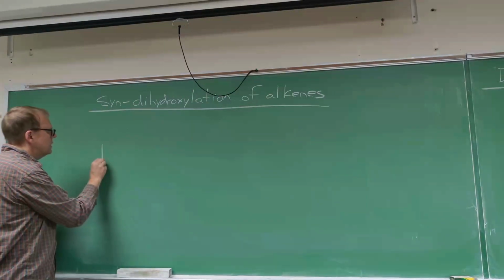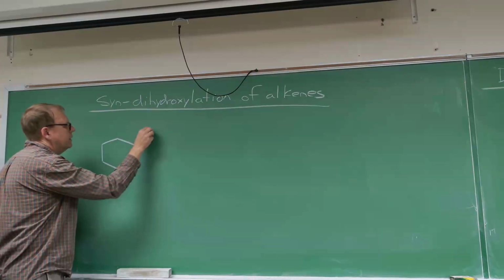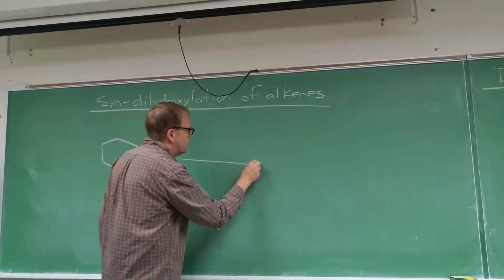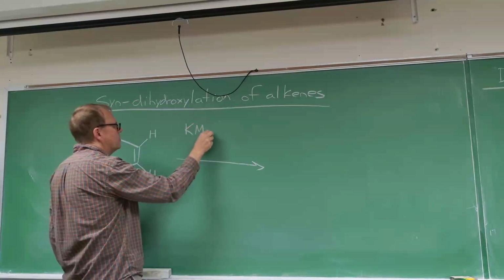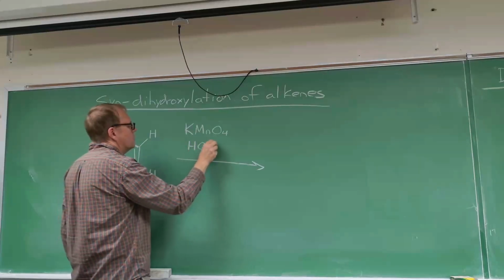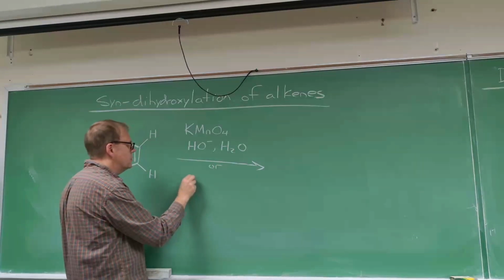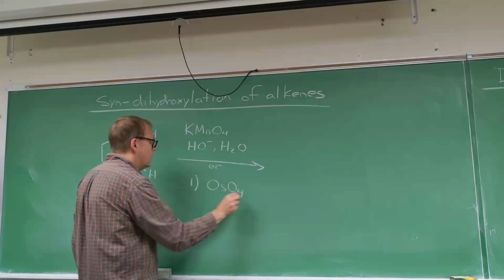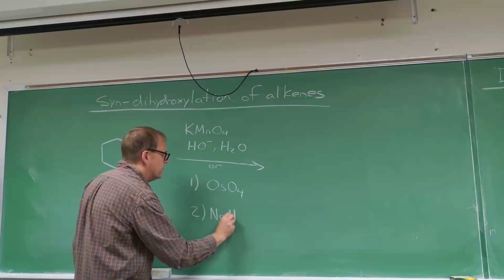And here is the overall reaction. I'll illustrate it with cyclohexene. You can use KMnO4, that's potassium permanganate, hydroxide and water, or you can use a two-step process that uses the reagents osmium tetroxide, and then in a second step, sodium bisulfite.